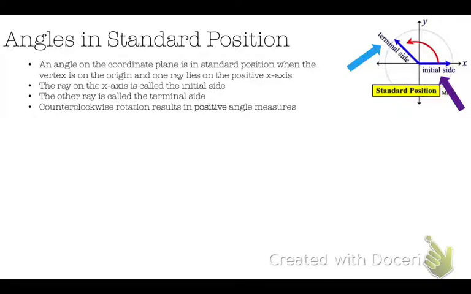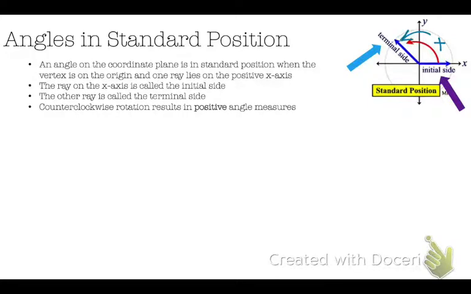Counterclockwise rotation results in a positive angle measure. Now, I am not entirely sure why we do it counterclockwise. I think it's because this is where x and y are positive, so that's where we start, and then we just go this way.